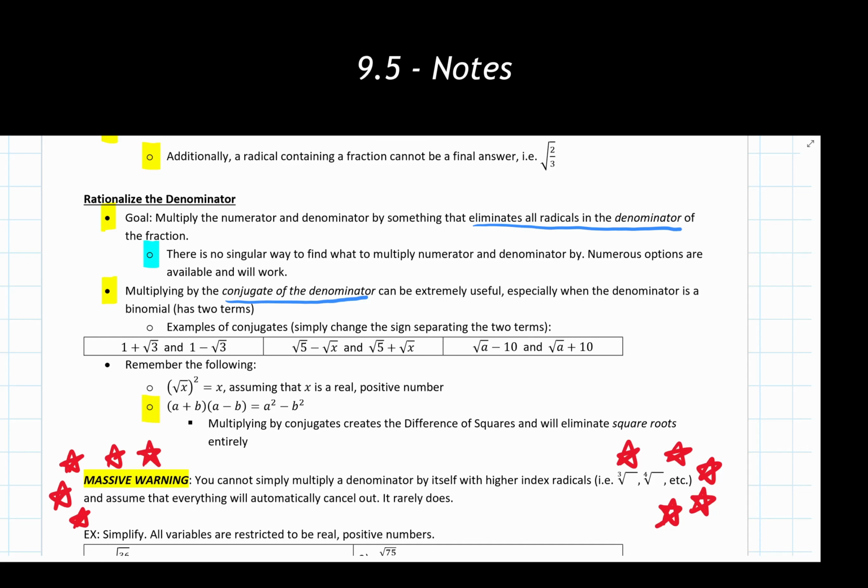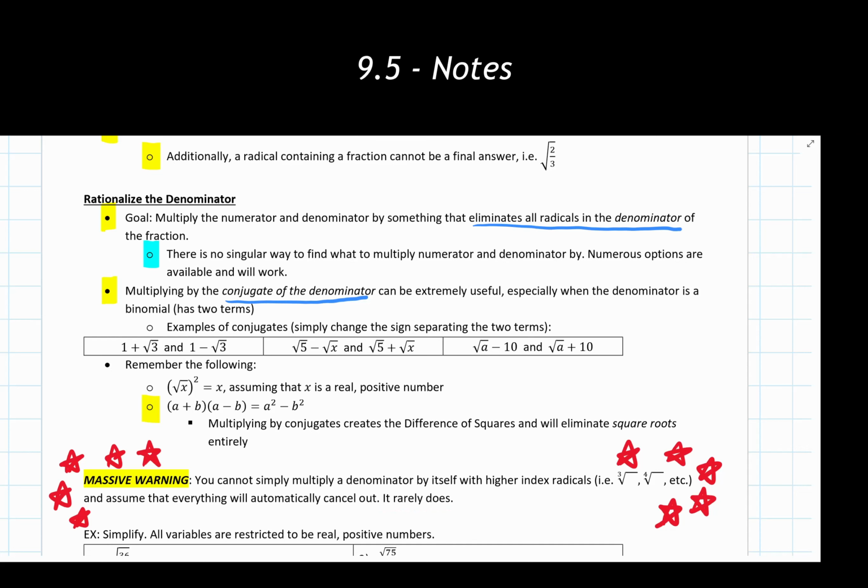But when we are working with higher index radicals, the third root, the fourth root, the 10th root, whatever it may be, we cannot automatically multiply by the denominator and assume that everything is going to cancel out. We are going to see, and we could see in some other future classes, it rarely does. Sometimes it will.